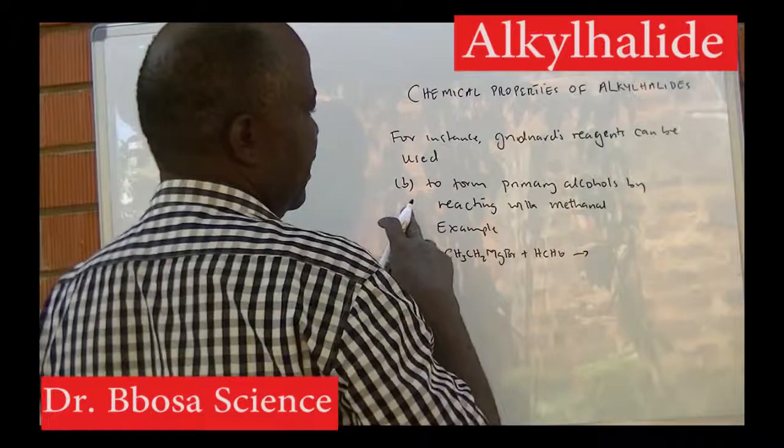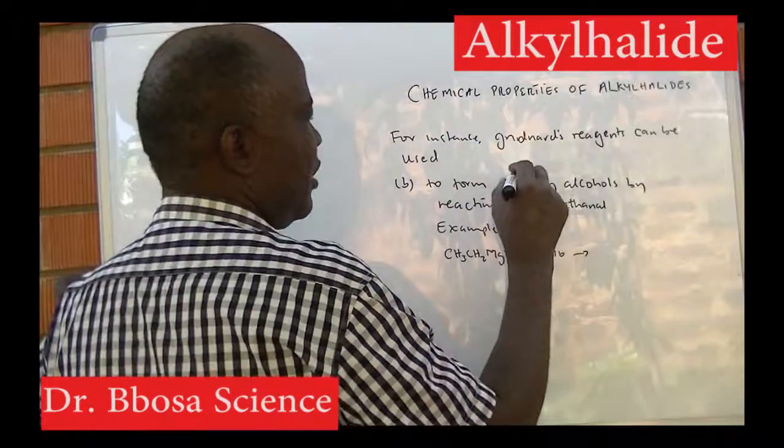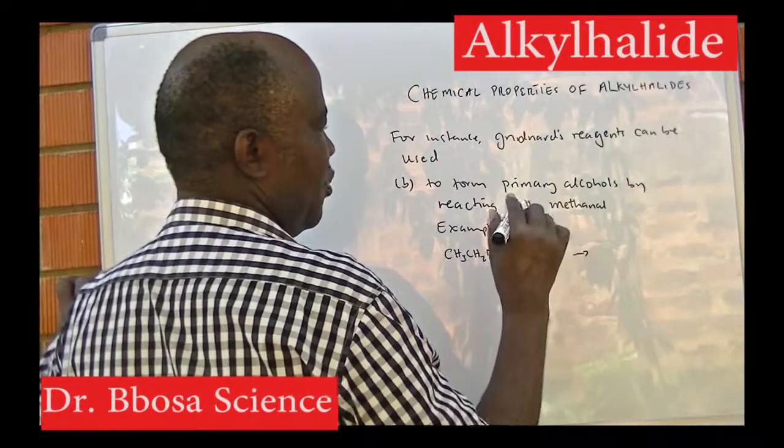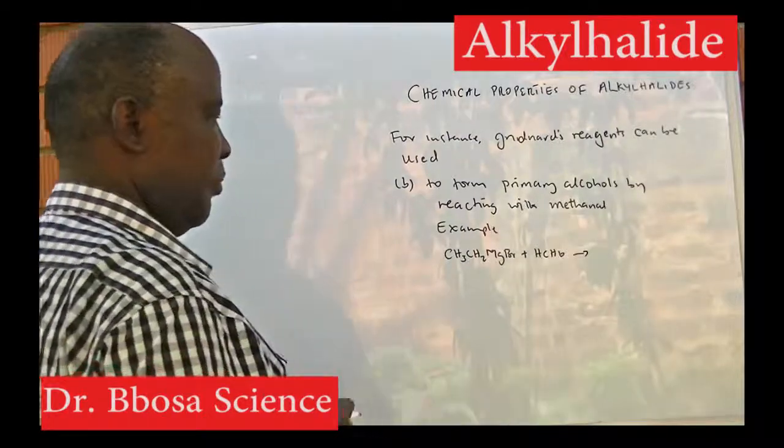Grignard reagents can be used to form primary alcohols by reacting with methanal.